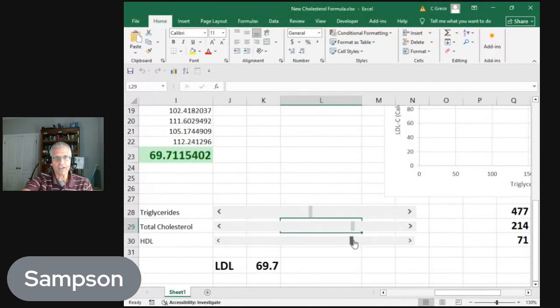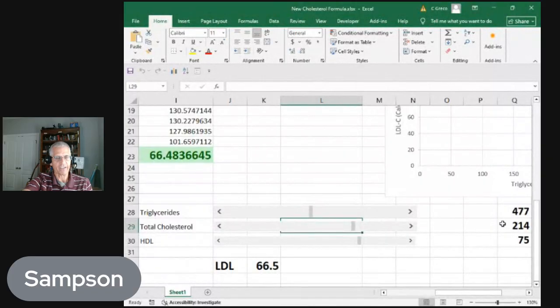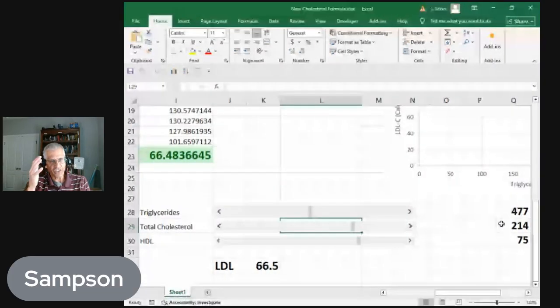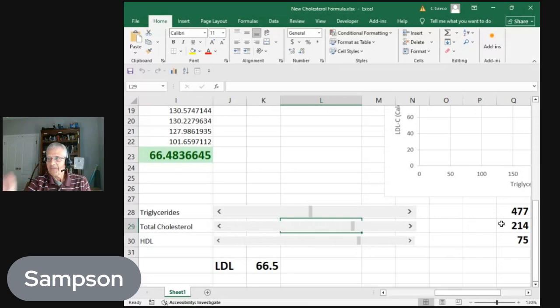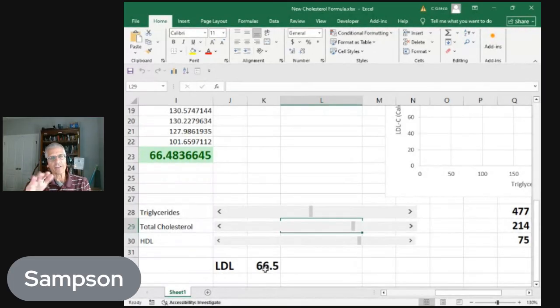LDL falls. So as HDL gets up to 75, even though you have a triglyceride of 477, which is insane, your LDL is 66.5. You're doing really good things like exercising, and your LDL is good to go.